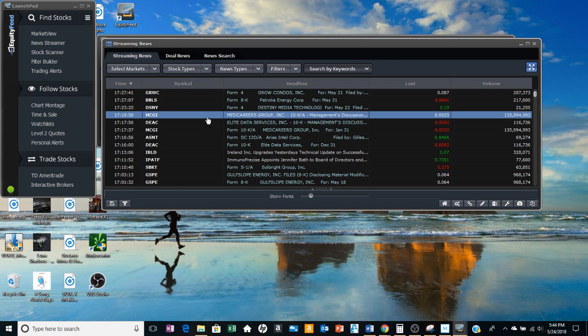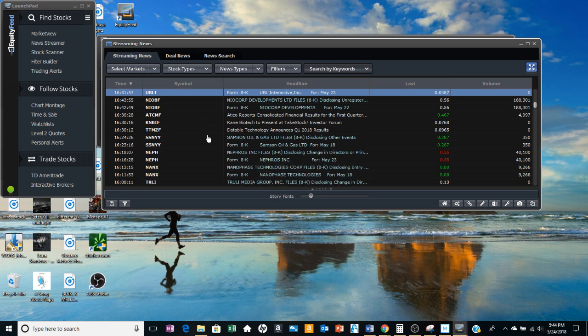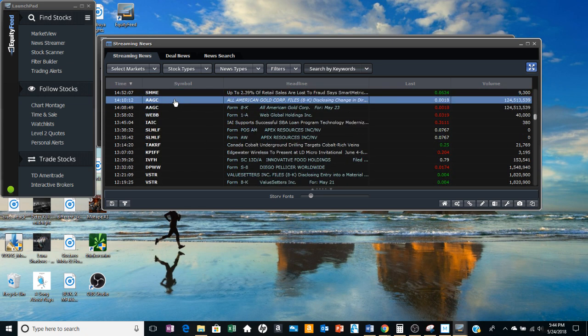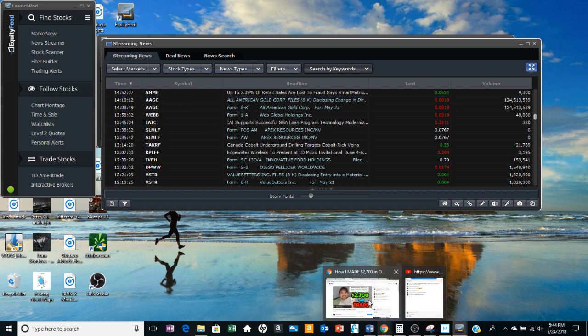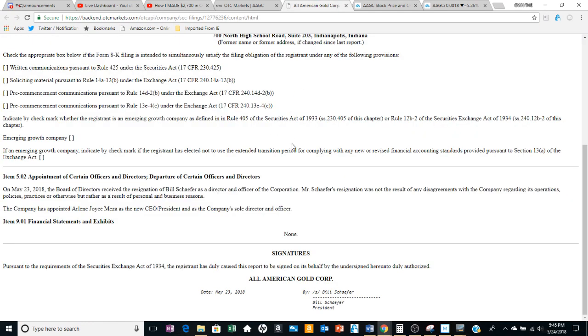But a 10K came out on MCGI. If you look further down, here it is, around 2 o'clock-ish, AAGC came out with that 8K, and I have it pulled up for you here. So here is the 8K. The 8Ks are forms that have to be submitted to either the SEC or OTC Markets, depending on how their filings are structured.